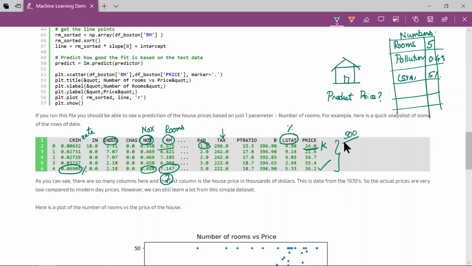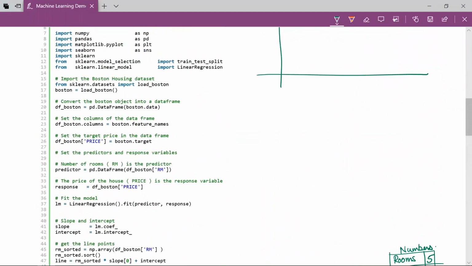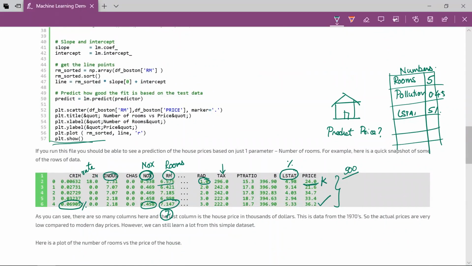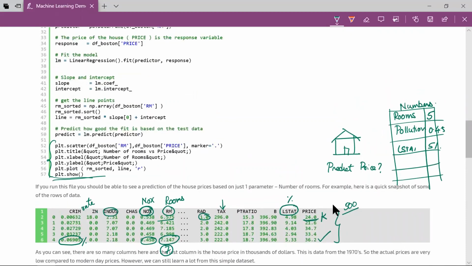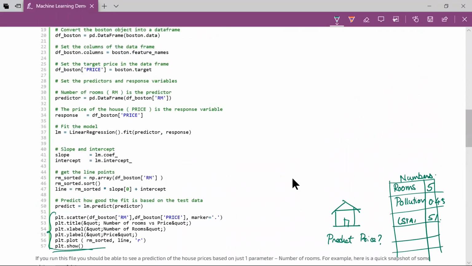But for machine learning to predict the price of a house based on these parameters, it's just 50 lines of code. That's it. In fact, not even all of that is code for predicting. The only line of code for predicting is this one line. Don't worry, I'm not asking you to understand what that line says.